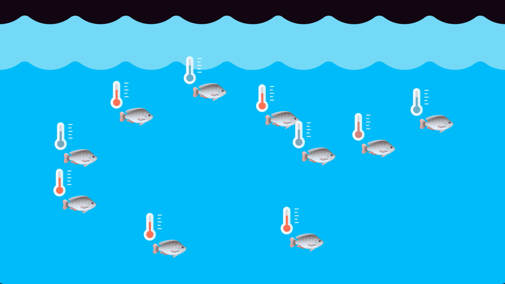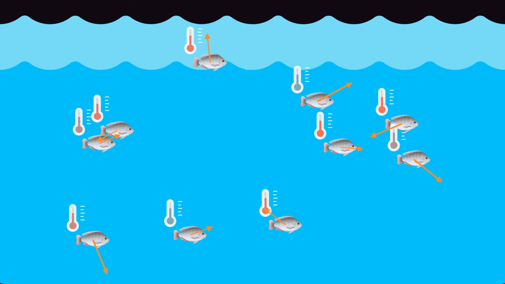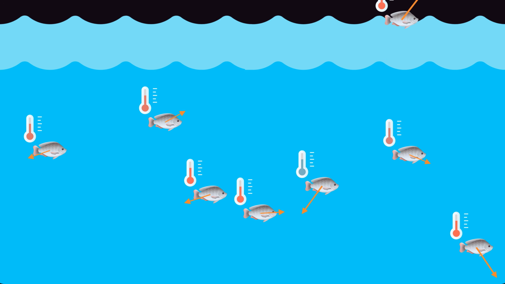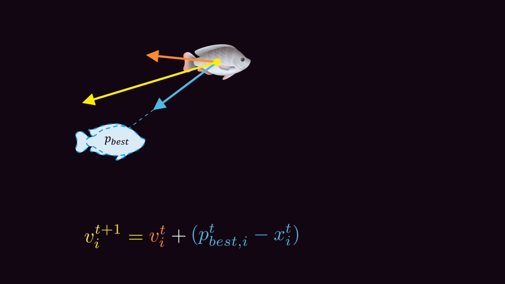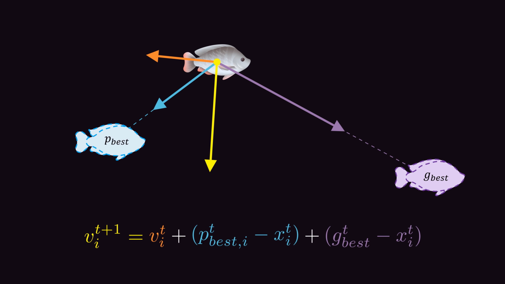Assuming that they start in random positions, we now need to give them a velocity, the direction and speed they follow. In PSO, velocity is influenced by three elements: its current value, because we may not want it to change drastically, its own best position so far, but also the best position so far of the whole swarm, aka the global best position.